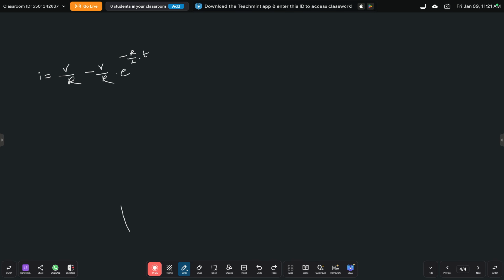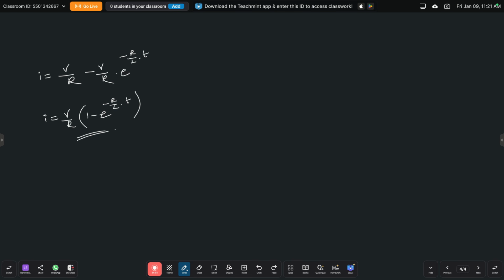From this we take V by R as common, then we get V by R of 1 minus e power minus R by L into t. So this is the total current equation.